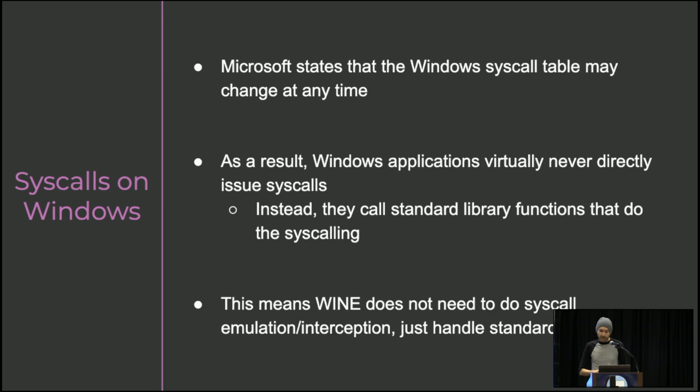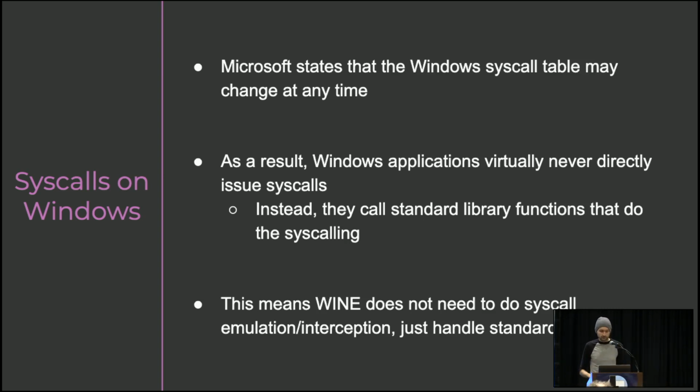So rather than having the syscall done in your application, you let the standard libraries do it. And since those standard libraries come directly from Microsoft, they're always up to date with the correct syscall table. You don't have to worry about compatibility. What this means is Wine doesn't need to do syscall emulation or syscall interception because applications just don't do syscalls in Windows typically.